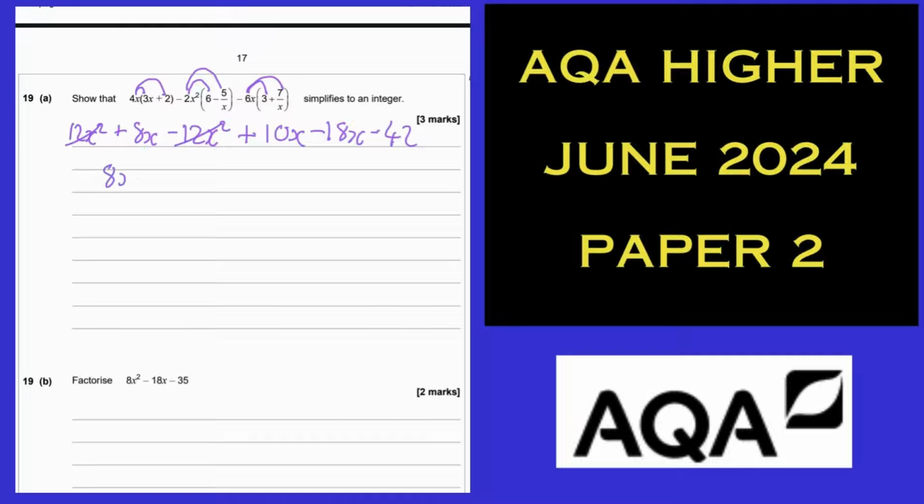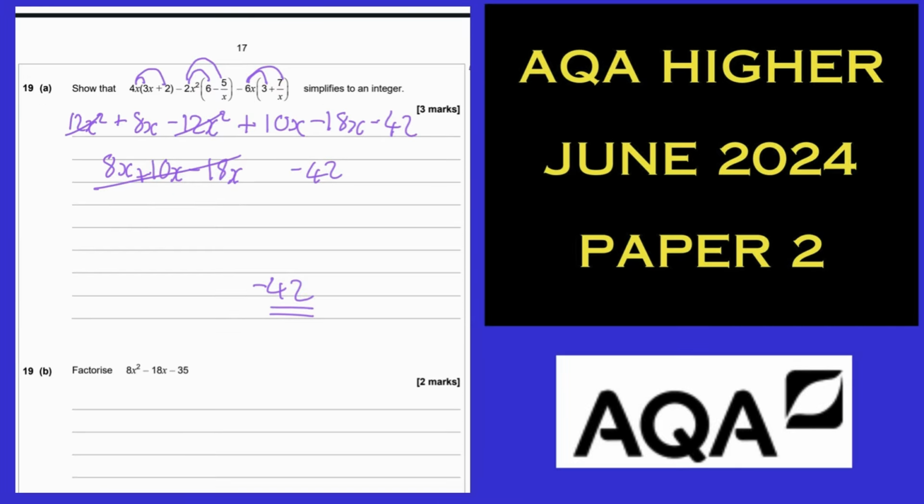Look what happens when you line your x's up. They basically all disappear. And that's it. That's all it wanted. That's all the mark scheme wants to see.